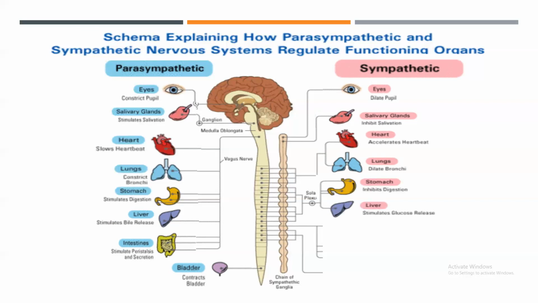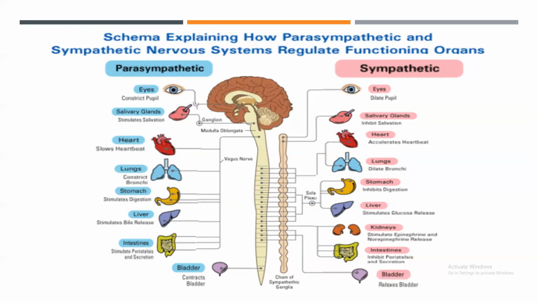In the stomach, digestion is inhibited. In the liver, it stimulates the glucose release. That's why the blood sugar always increases when we have more stress. The kidneys stimulate the epinephrine and norepinephrine release. And the intestines inhibit the peristalsis movements and secretions, and it relaxes the bladder when we have the sympathetic nervous system stimulation.